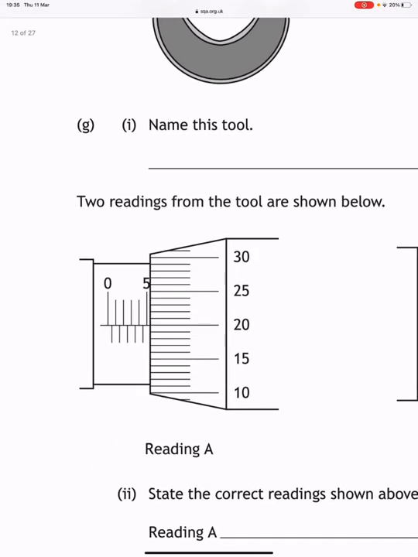If we look at reading A, you can see that on the left-hand side scale, it's somewhere between 5 and 5.5. And then the vertical scale, if we look at that, it lines up to the left-hand scale at 20, so that's 20 hundredths. So 5 millimetres plus 20 hundredths is 5.2 millimetres.